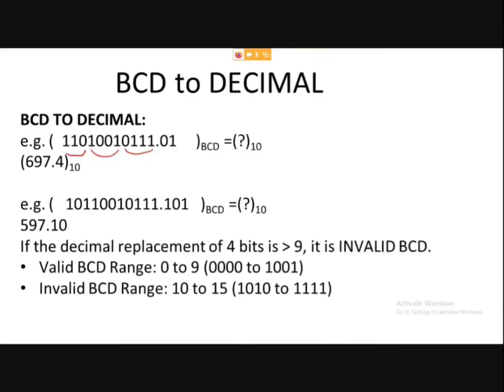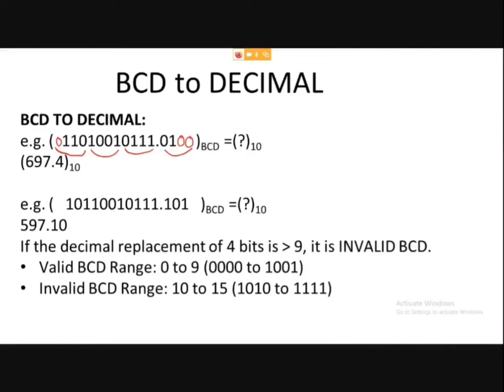So here there are only 3 bits, so I will be adding an extra 0 there, and similarly there are only 2 bits here, so I am adding an extra 2 zeros here.